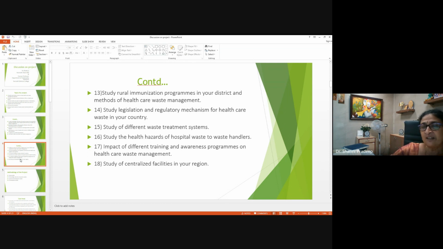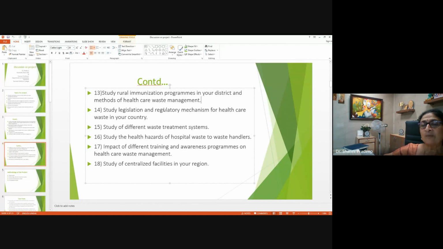In fact, I did this study when I did my certificate course in healthcare waste management, where I looked into the volume and weight of the various wastes collected. Here you can do a sampling of your district, choosing areas based on convenience, and collect the data.